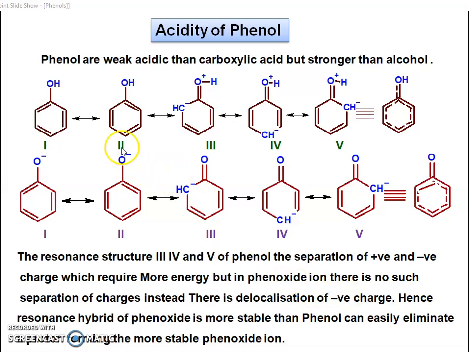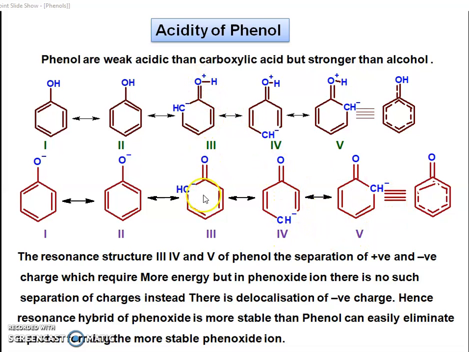Now see here the second structure, structure third, fourth, and fifth. This is a separation of negative and positive charge. It is also a separation of negative and positive charge. Here also there is separation. We compare structure third, structure four, and structure fifth.